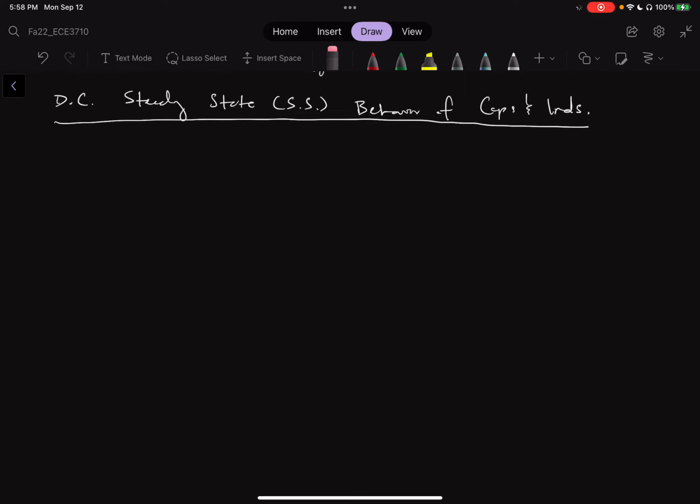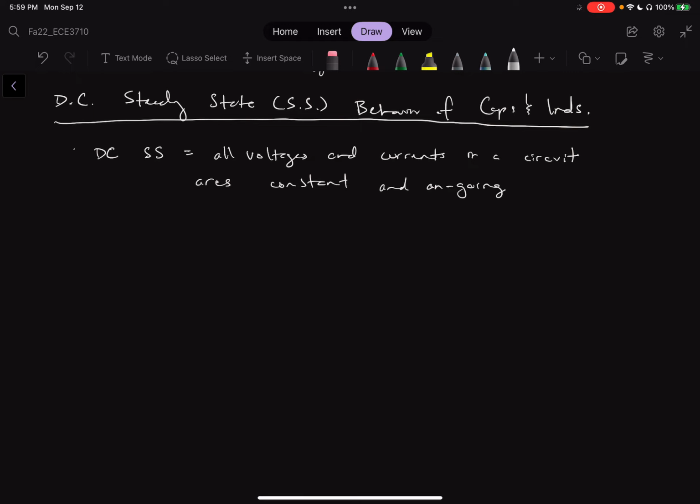First and foremost, we have to understand that DC steady state means all voltages and currents in a circuit are constant and ongoing persistently with respect to time.